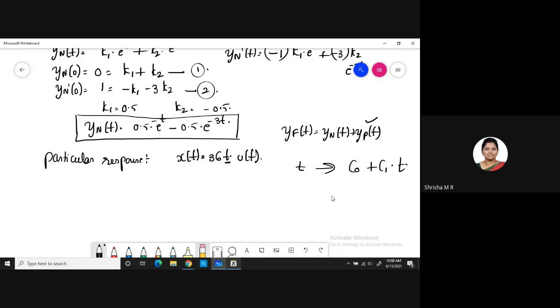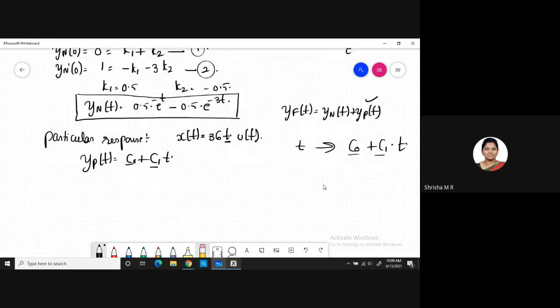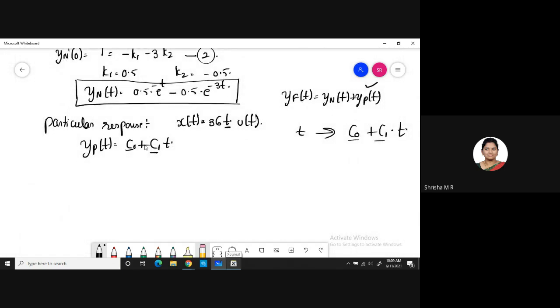So how do you find C naught and C1? Yp of t will be of the form C naught plus C1 into t. We'll find C naught and C1 by substituting the particular solution in the given differential equation.